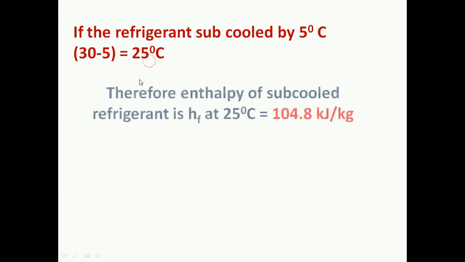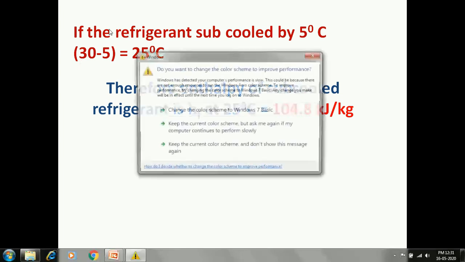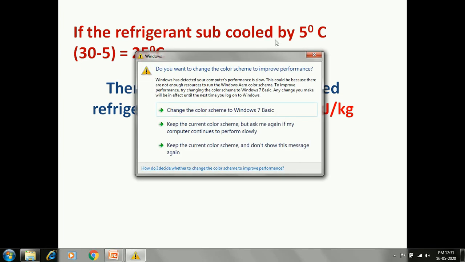At 25 degrees Celsius, you note down the Hf value. Since already at 30 degrees Celsius in the condenser it reaches the liquid state, it is subcooled to 25 degrees Celsius, by 5 degrees Celsius. That is, it is still in the liquid phase.